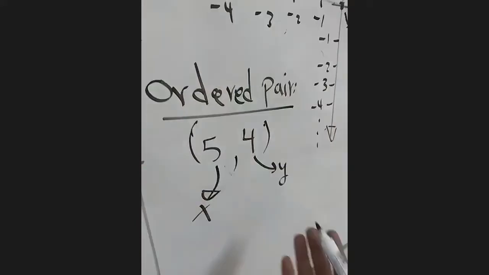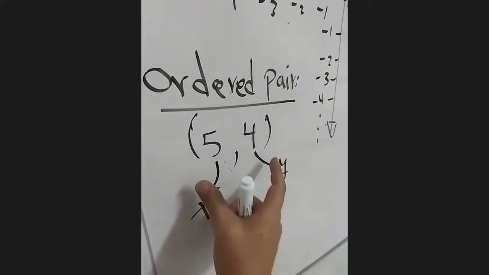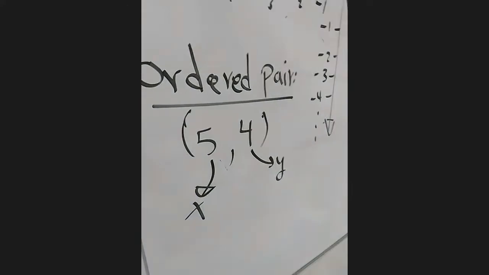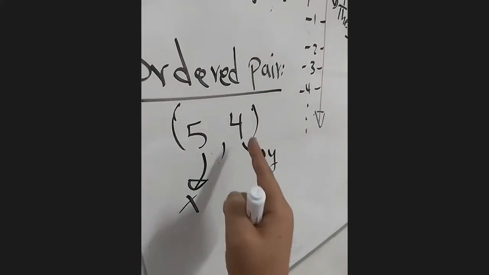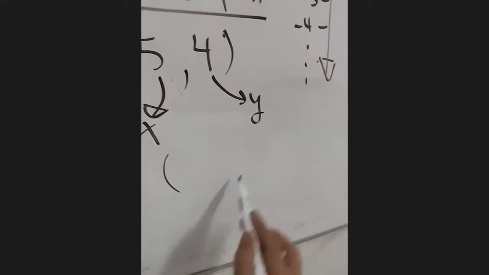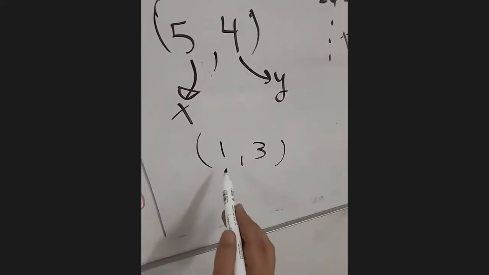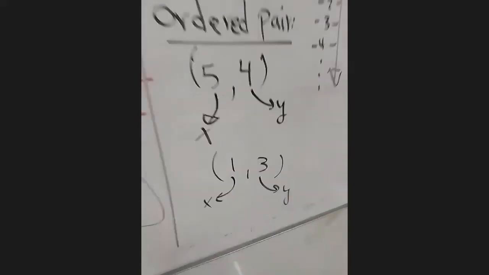So what's the ordered pair, guys? Two numbers with a comma and brackets together. The first number is always for x, the second number is always for y. For example, when I say the ordered pair 1 and 3, 1 is x, 3 is y, okay?